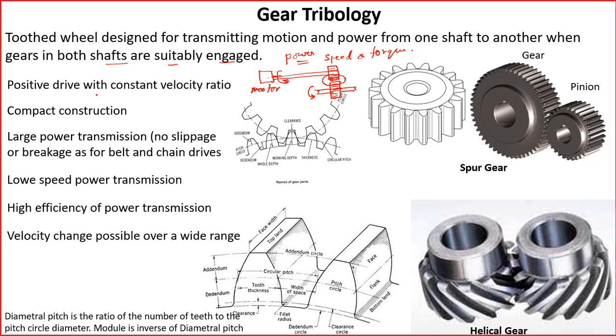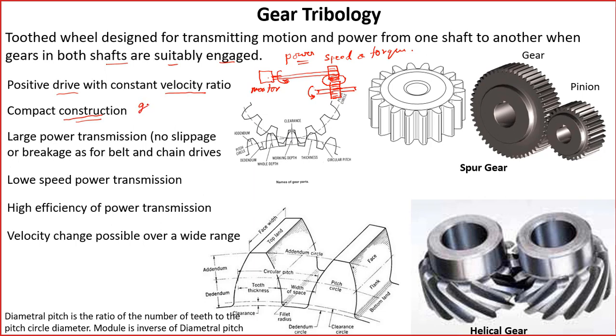As I said before, we can transmit power using belts and chains as well, but belts and chains have some limitations. So these are the advantages of gears: positive drive with constant velocity and compact construction. This is a very important part, that gears can be designed very compactly.